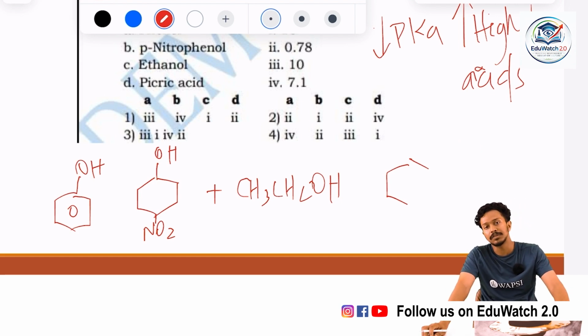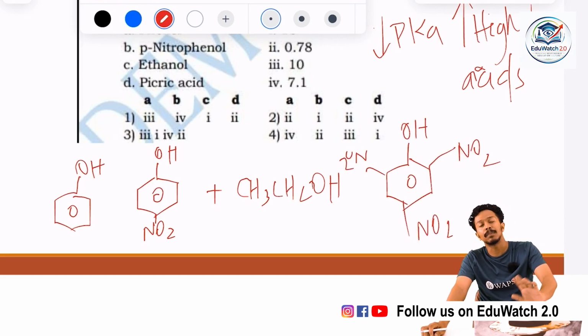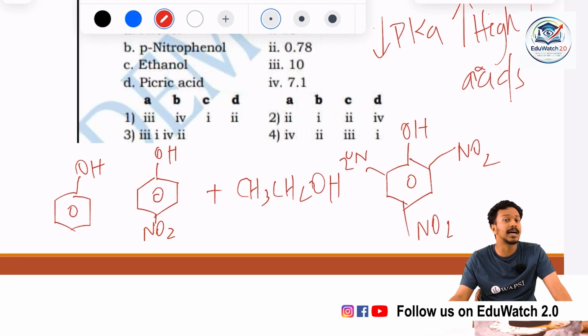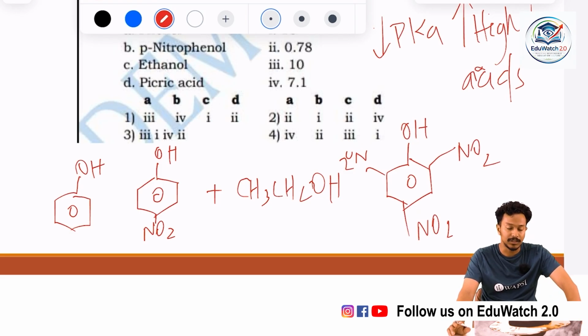We do know that the presence of a minus I group, a negative inductive effect group, present in a compound increases the acidity of the compound, right? So here nitro group, NO2 group, is a minus I effect group, which thus increases the acidity of phenol.